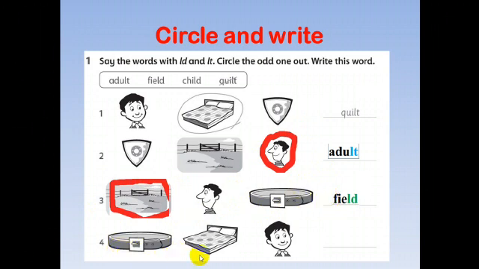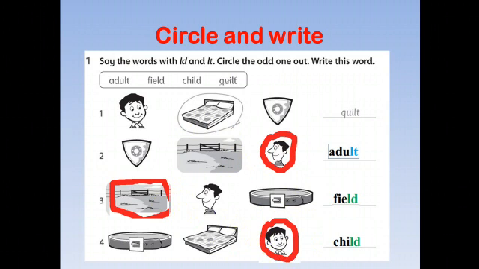Pelt, quilt, child. Which one is the odd one? Write child, please. Child. Let's read the odd ones, please. Number 1, quilt. Number 2, adult. Number 3, field. Number 4, child.